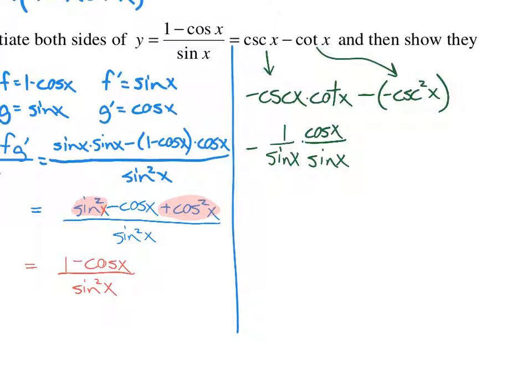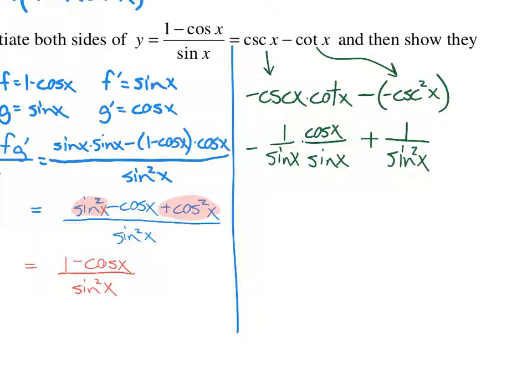Oh, I see I've got a sine squared in there. And then we have cosecant squared. What's cosecant squared equal to? 1 over sine squared. So it looks like we might be there.